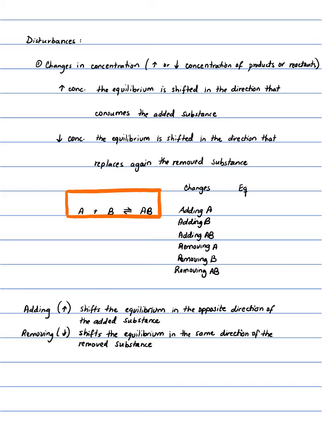Remember, the equilibrium is going to determine how much product you're getting. If the reaction reaches equilibrium and you have a lot of reactants present, it means you have a small amount of product, which is what you're trying to get. So we can actually do things to form more of that product that we want.